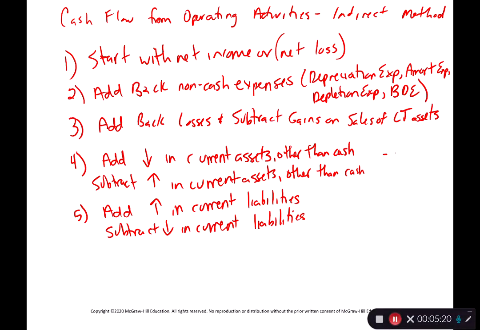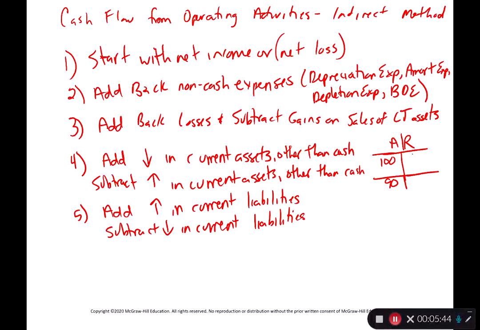So let's go through an example of a current asset other than cash, accounts receivable. So for accounts receivable to go from, say, 100 to 90, what has to happen? Well, in order for accounts receivable to go from 100 to 90, it means that we must have collected more money than we sold.